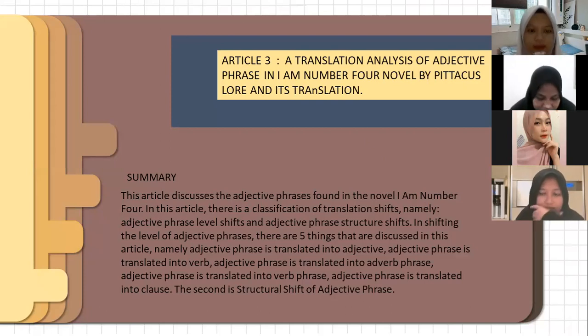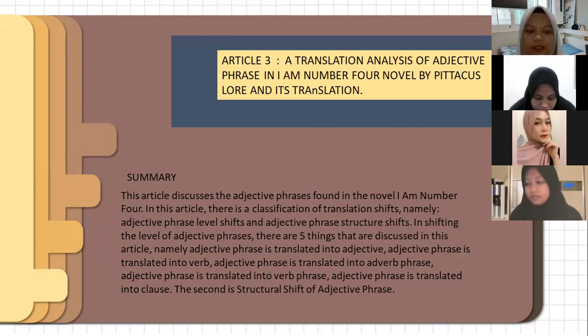This article discusses the adjective phrases found in the novel I Am Number 4. In this article, there is a classification of translation shift, namely adjective phrase level shifts and adjective phrase structure shift.